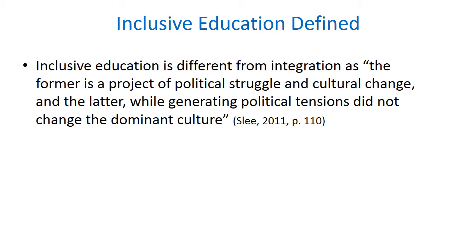There's been a lot of work in recent times thinking about, well, if we know how to do inclusive education, why doesn't it happen more commonly? We can refer you to references should you wish, but this one here by Slee is talking about this political struggle and this idea of changing the dominant culture as one of the features.